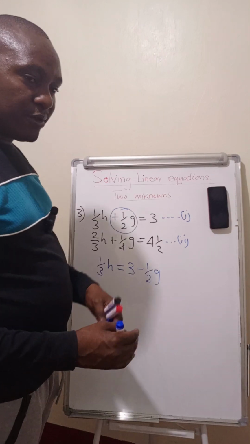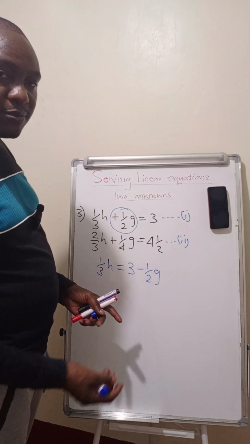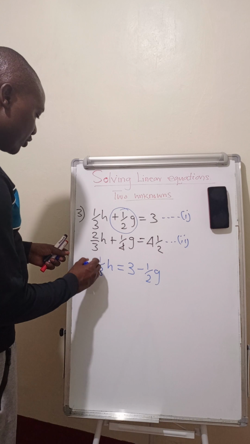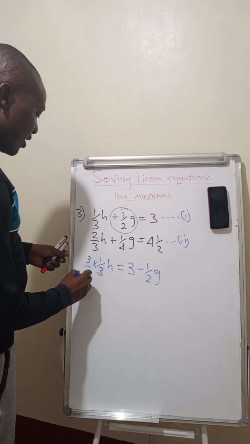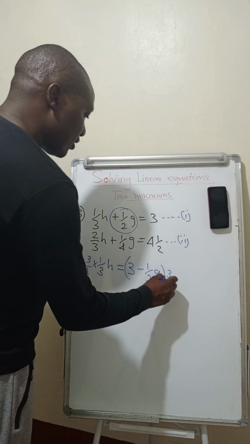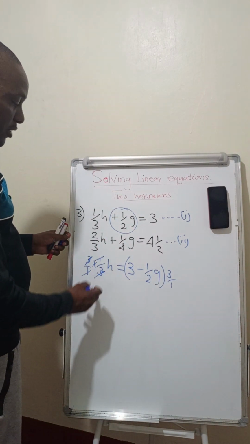And when you are dividing by a fraction, simply multiply the dividend by the reciprocal of the divisor. So we shall multiply both sides by the reciprocal of a third, which is 3 over 1. We multiply by 3 over 1. So this one will cancel that. We are remaining with the h.